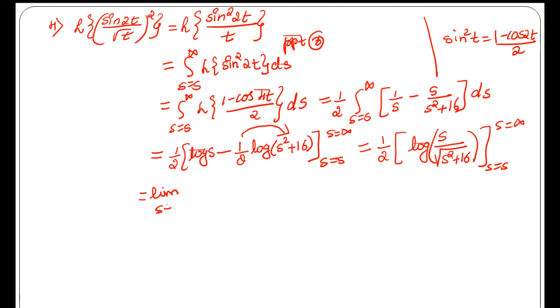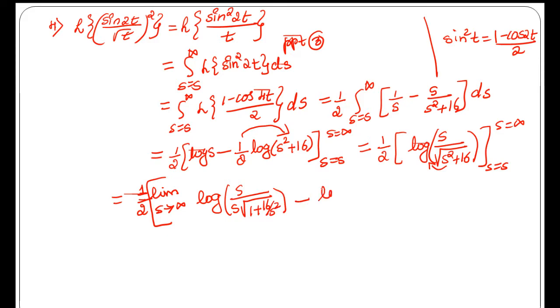Now we'll apply the upper limit, that is limit s tends to infinity of the logarithm. 1 by 2 I will take out. Limit s tends to infinity log of s divided by s square, I will take out from the square root, so s times root of 1 plus 16 by s square, minus we'll apply the lower limit, that is s, log of s by square root of s square plus 16.